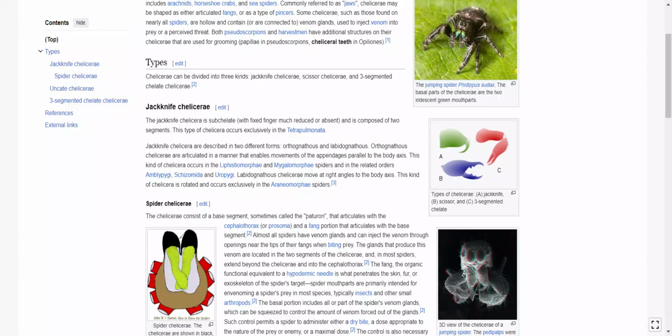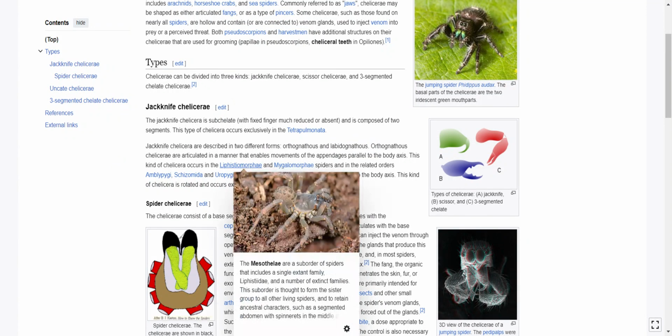Orthognathus chelicerae are articulated in a manner that enables movements of the appendages parallel to the body axis. This kind of chelicera occurs in Liphistiomorphae, which looks like that. He's a nasty. Dang.